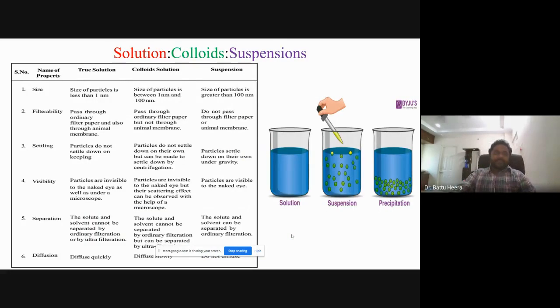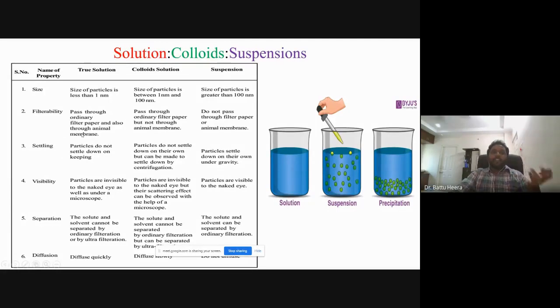So now, what is the difference between solution, colloids, and suspensions? Ante, see the properties, solutions, colloid solutions, and suspension. See the size of the particles of the solution. Size of the particles is less than 1 nanometer, and whereas coming to the colloid solution, size of the particles is between 1 nanometer and 100 nanometers, whereas coming to the suspension, the size of the particles is greater than 100 nanometers.